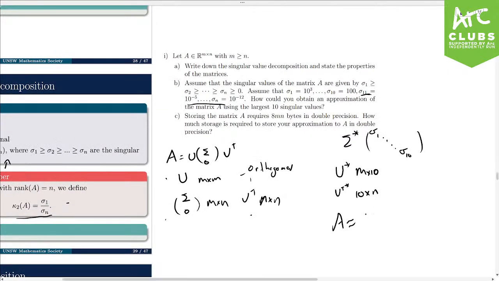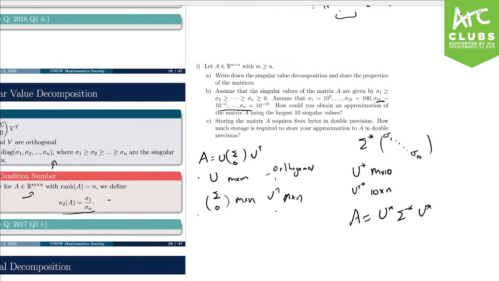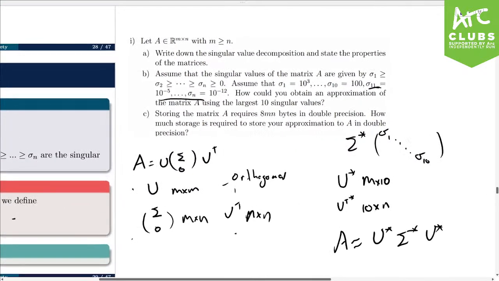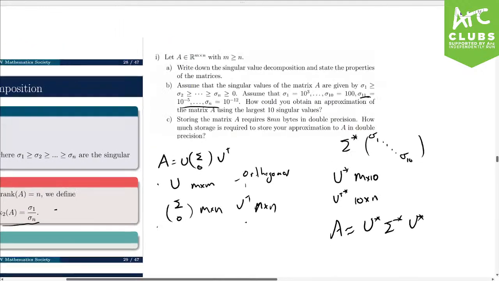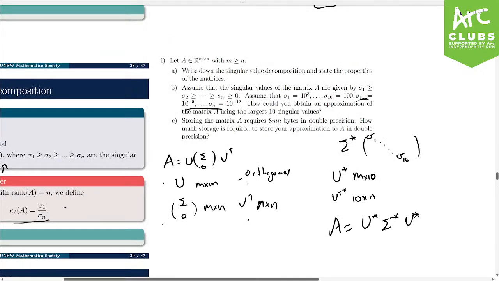A is approximately given by this multiplication. Okay, and now part C wants us to find how much memory it takes to store this approximation.